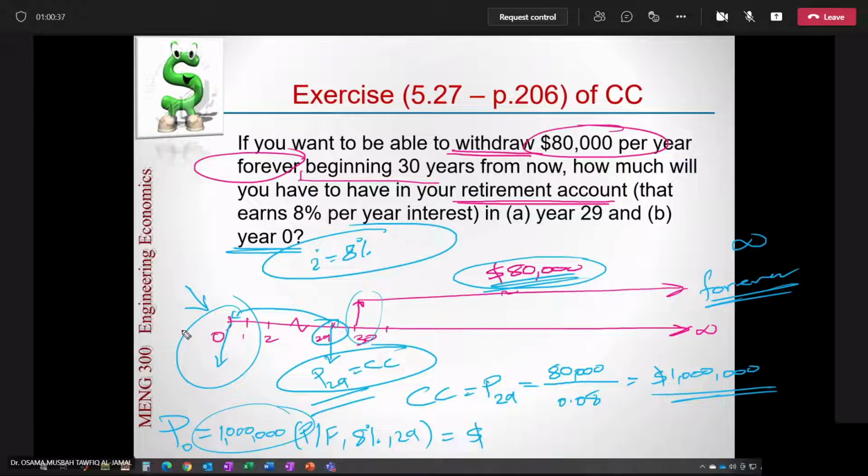How much is the answer? Negative or positive? Lubna? Negative, because we are investing that. Minus 107,372.52.